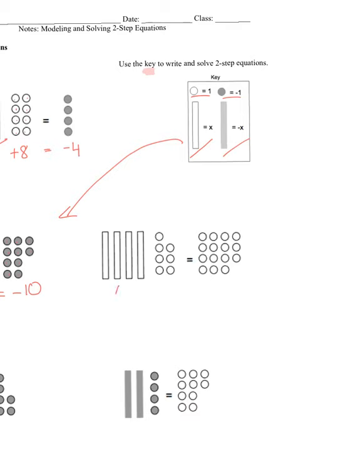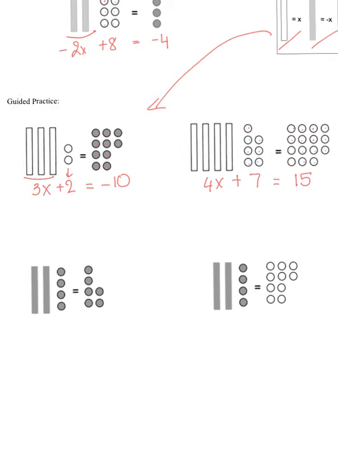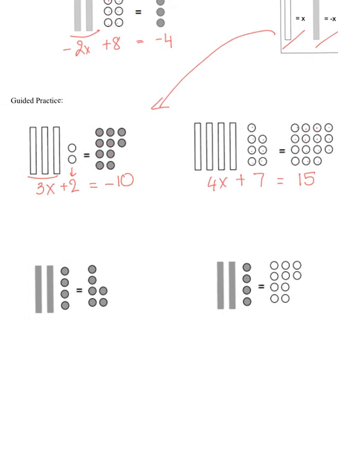This is 4x, plus 7, equals 15. They are both positive.